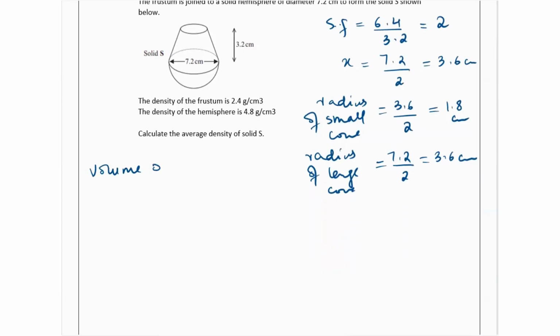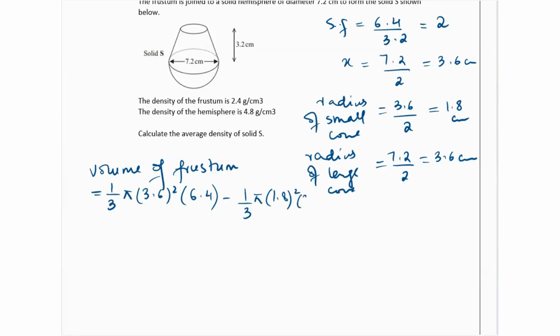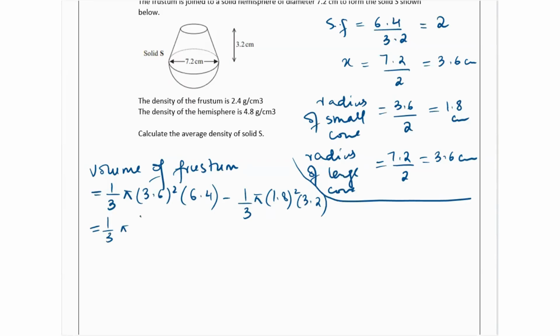So the volume of the frustum is 1 over 3 pi r squared, which is 3.6 squared, times the height, which is 6.4, minus 1 over 3 pi times 1.8 squared times 3.2. Let's separate this. We can take 1 over 3 pi common and do 3.6 squared, 12.96, times 6.4.